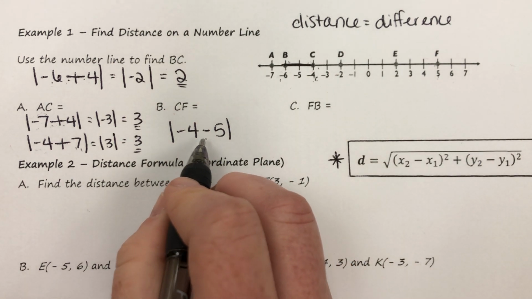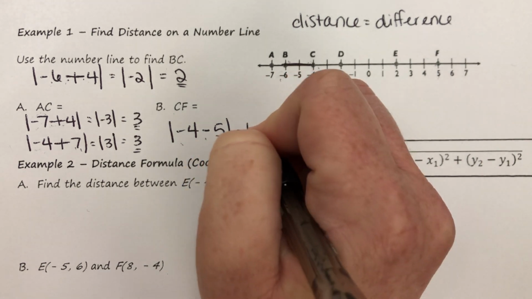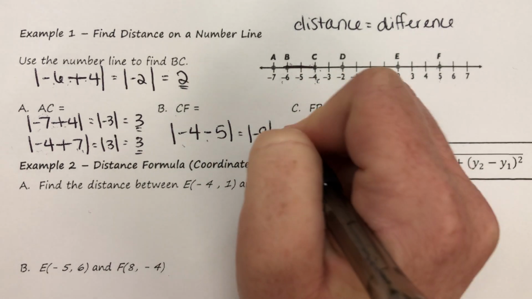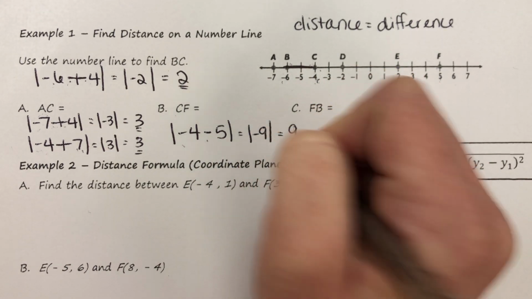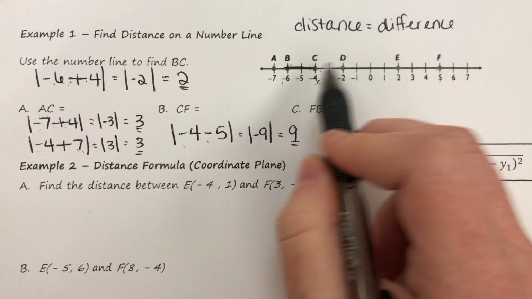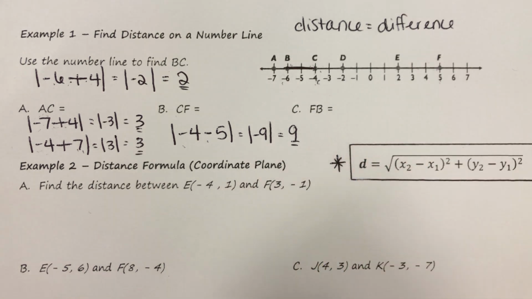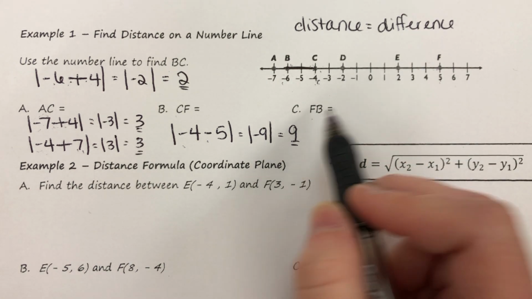Distance is always subtraction. Distance is difference. -4 minus 5 is -9. And the absolute value of -9 is +9. It's 9 units from C to F. We can count it. 1, 2, 3, 4, 5, 6, 7, 8, 9. Done.